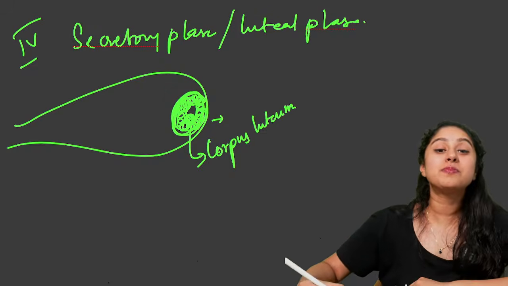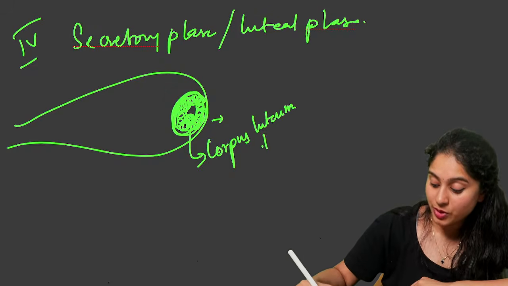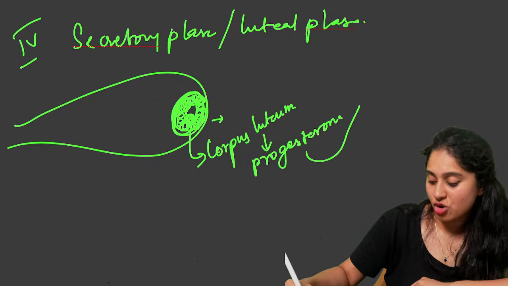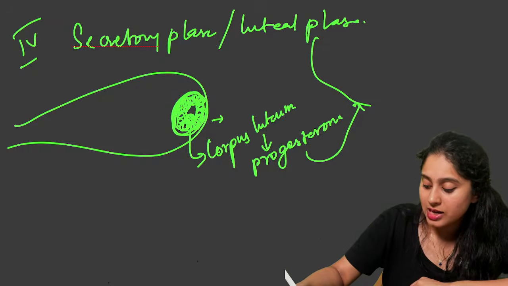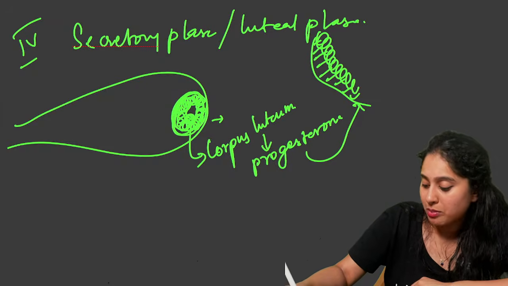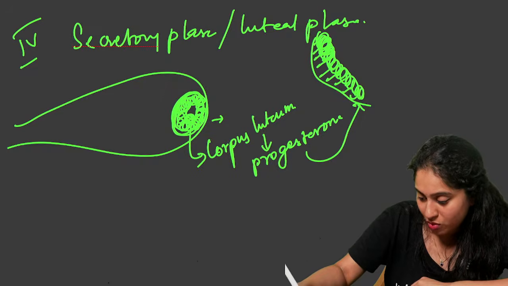This corpus luteum is going to produce a hormone called progesterone. This progesterone will go to the layers of my uterus and proliferate it more and more.